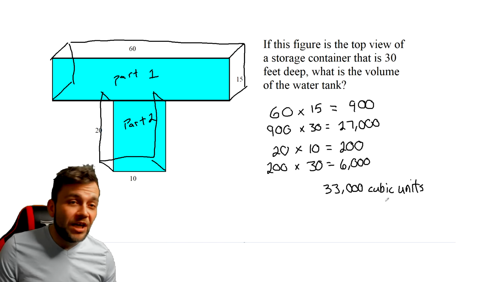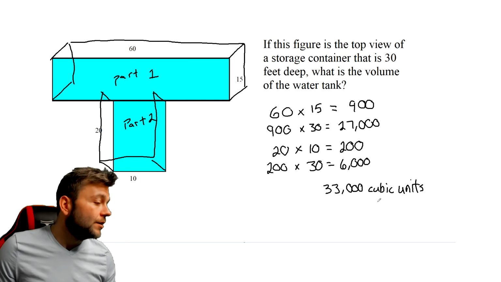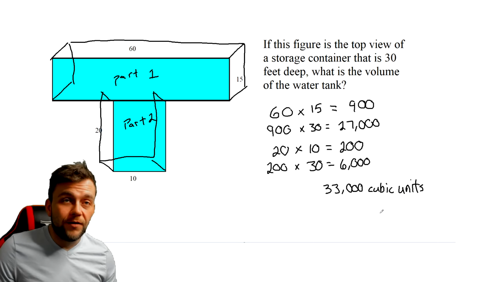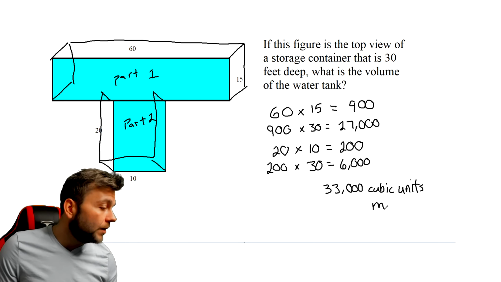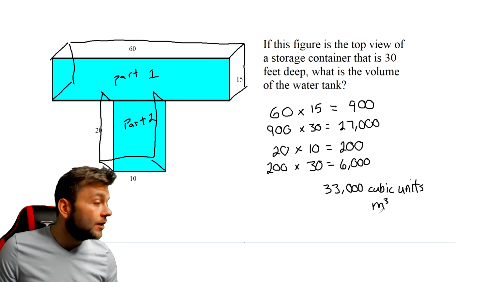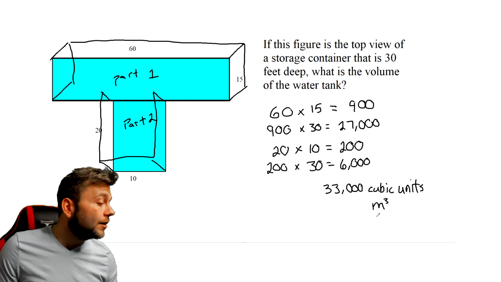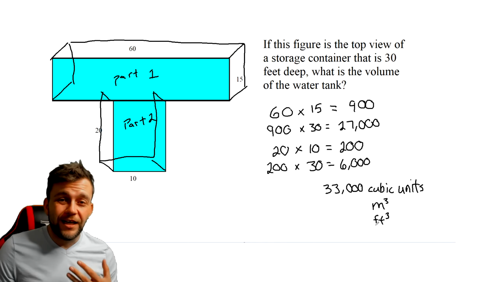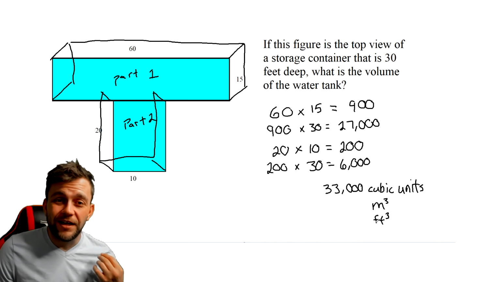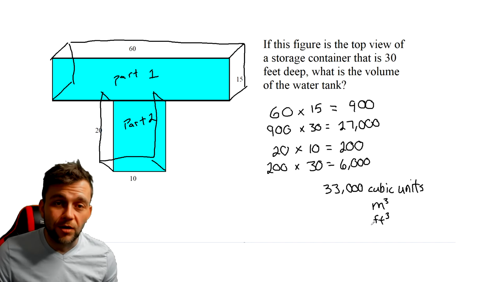If this was in meters, it'd be cubic meters. The other units that you might see would be an M for meters and a little 3, or FT for feet and a little 3 there. And that is our first example problem of finding the volume of an irregular shape.